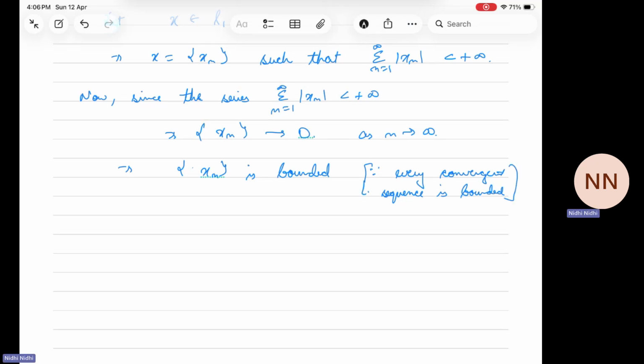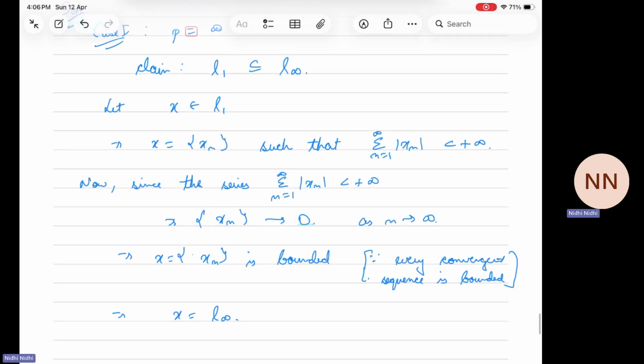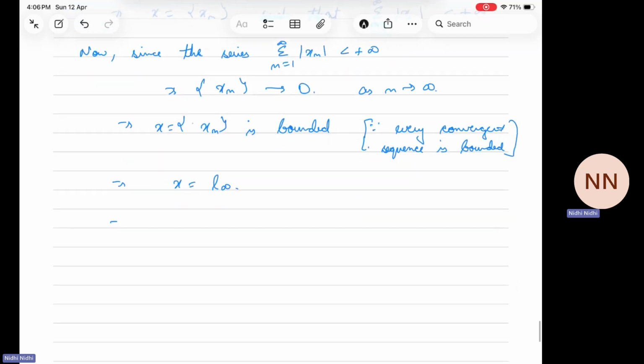Now, since the sequence is bounded, that means it belongs to L infinity. So we started with an element in L1, which ended up being in the space L infinity. That means L1 is a subset of L infinity.